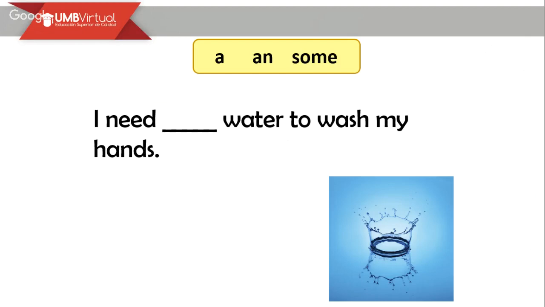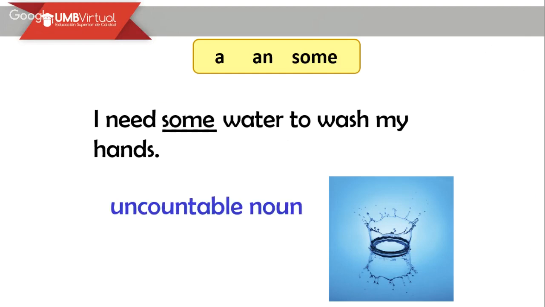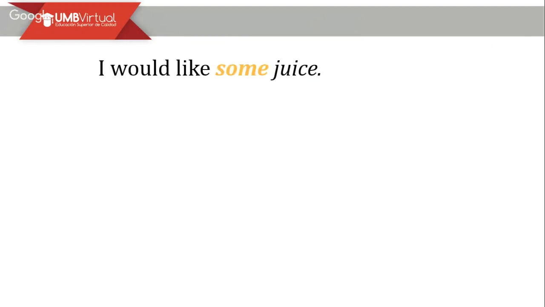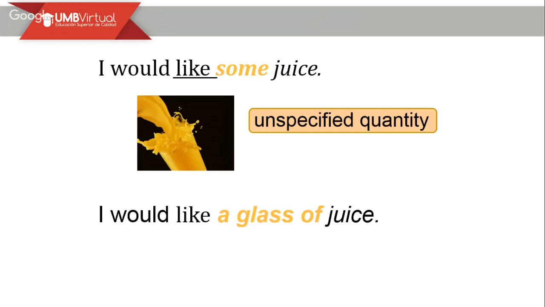So, the next one, what is it? Water. Como lo habíamos dicho anteriormente, el agua es, recuerden, contable, no contable. Entonces tenemos allí, I need some water to wash my hands. Of course, uncountable noun. Okay, so in this part, then we have, I would like some juice.